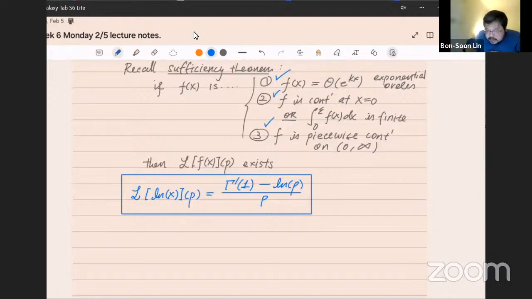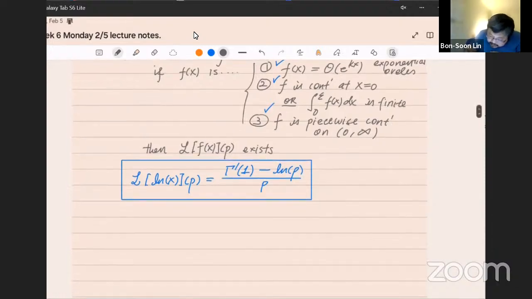But before we do that, let's also use our behavior theorem to see if this makes sense. Recall that if our function satisfies 1, 2, and 3, and so the Laplace transform exists, then by the behavior theorem, the long-term behavior of the transform will go to 0 as p goes to infinity. Do you remember that?